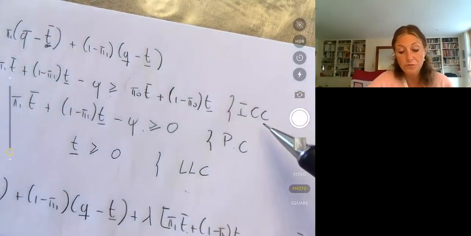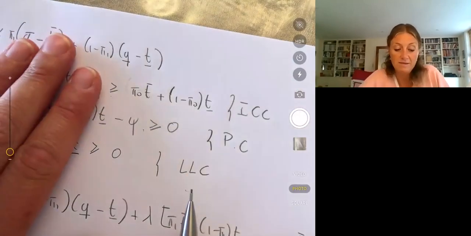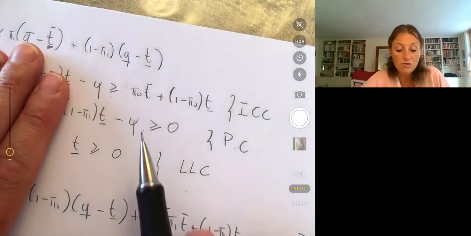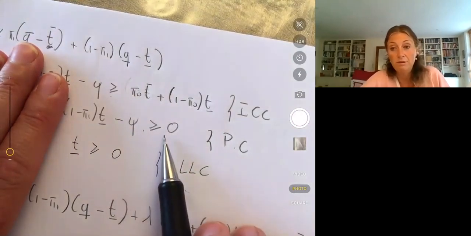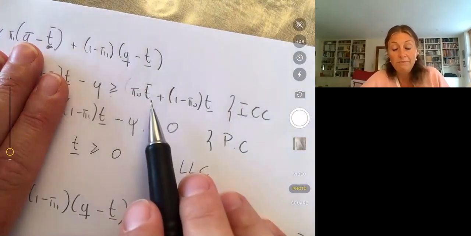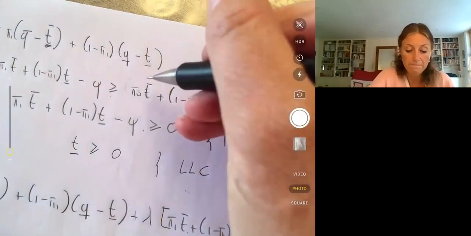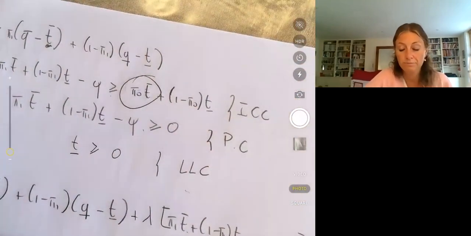So if it's true that the left-hand side, minus psi, is greater than 0, it will be even more so, and even more binding, if it is greater than a quantity which is positive.